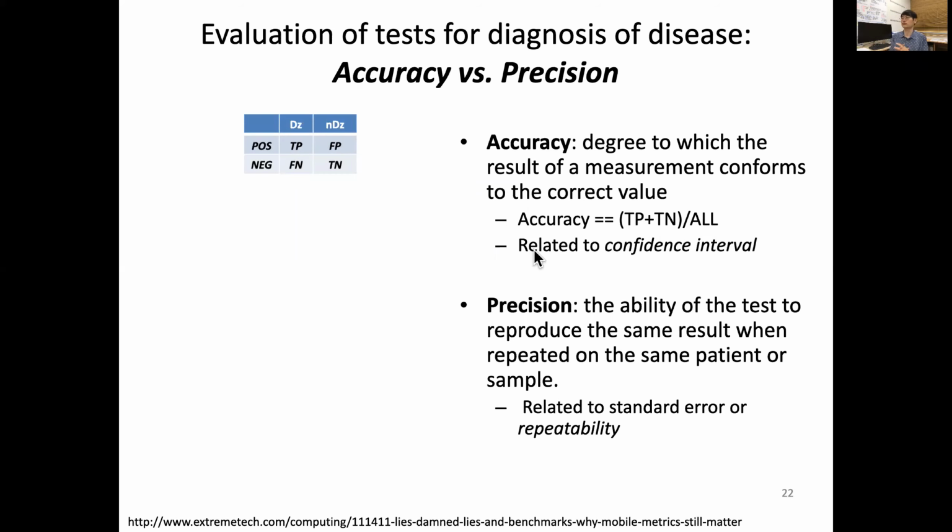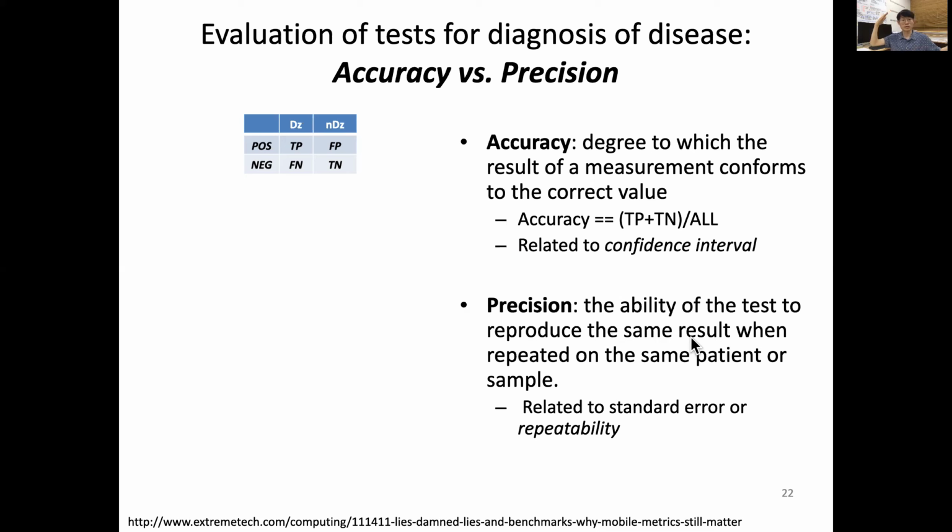And this also relates to confidence interval, which means the interval in which the true value of this population is likely to lie. The other aspect we've already discussed is precision, the ability of tests to reproduce the same result. What it means is, let's say I want to measure my height. I use a ruler to measure my height once, and I write down the result. I measure it again, and the second time the value will not always be the same.